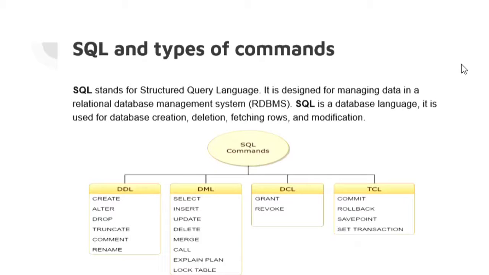The SQL commands can be categorized into the following: DDL, which is known as data definition language, DML, which is known as data manipulation language, DCL, which is known as data control language, and TCL, which is known as transaction control language. These are the set of SQL commands which are used for database definition, database creation, database modification, and granting rights on the database.